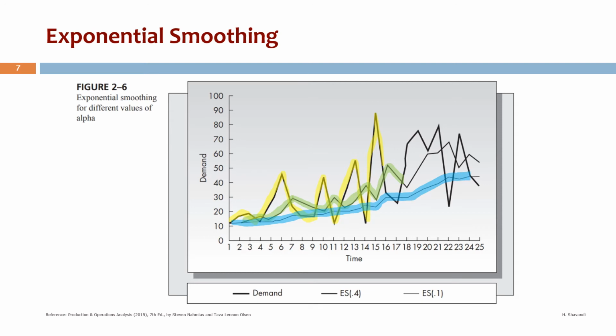As you see here, the blue one is more stable than the green one. That's why we say that. Usually in operations planning in the manufacturing environment, they consider a smaller value for alpha because they want to have a more stable production plan for the future, rather than a more fluctuating plan.